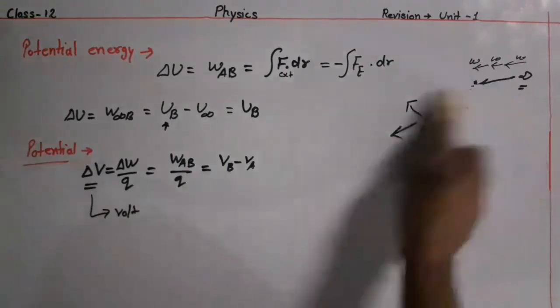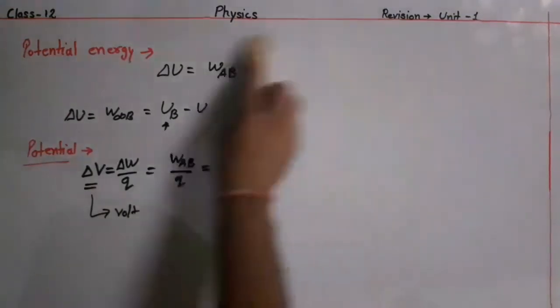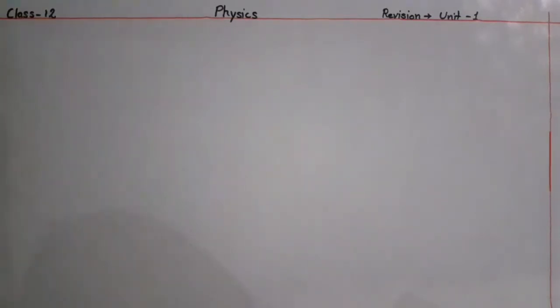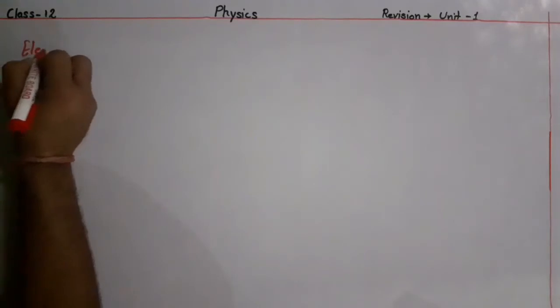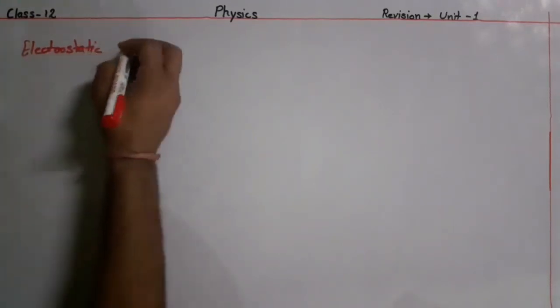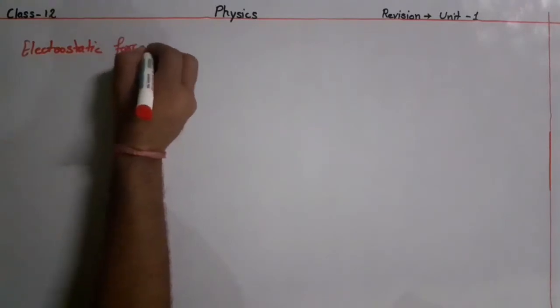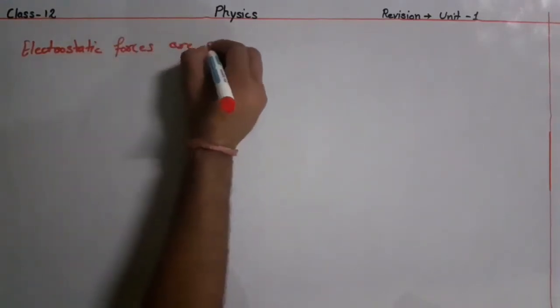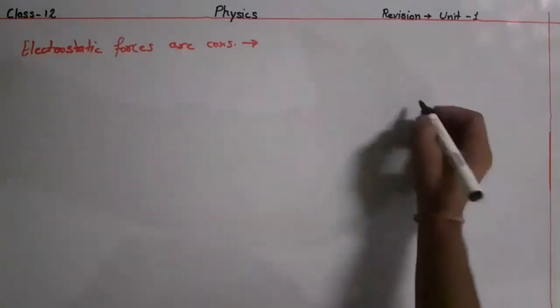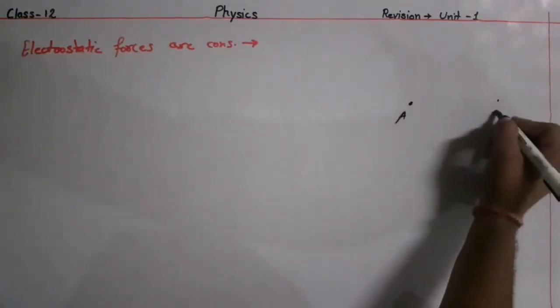Now let's discuss our next topic. Next topic is we are going to show electrostatic forces are conservative. How can we show that? We can easily show that by using a path A and B point.